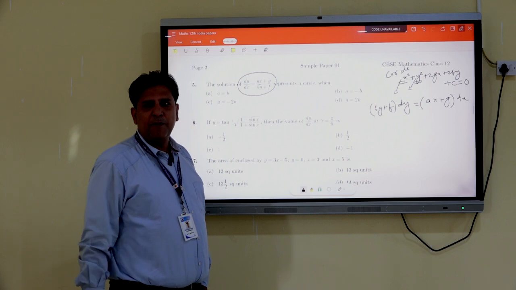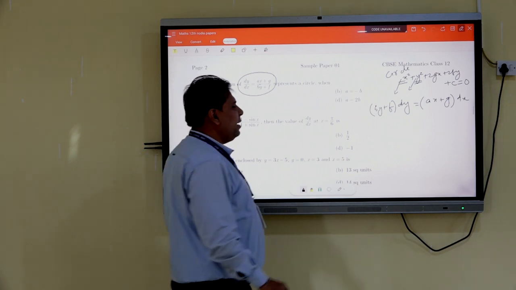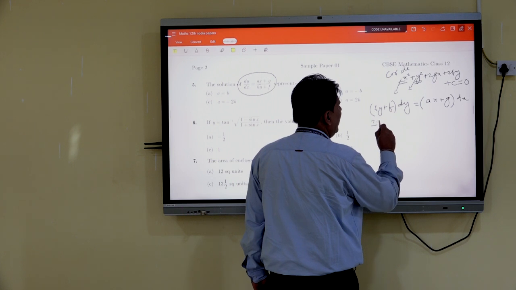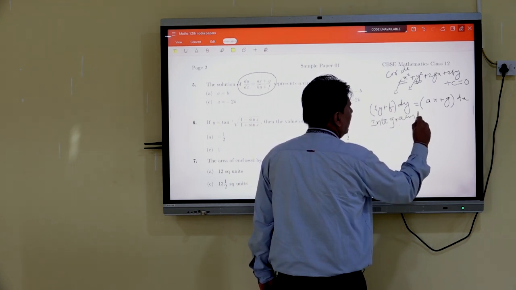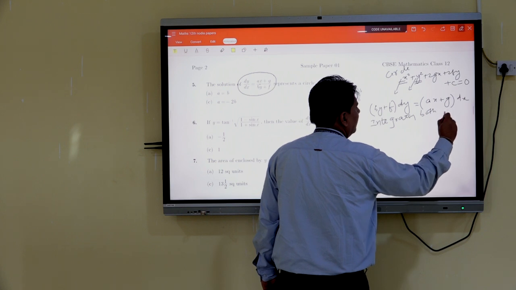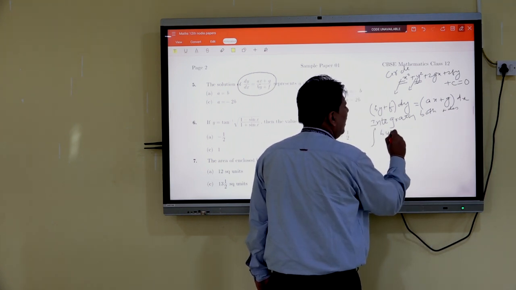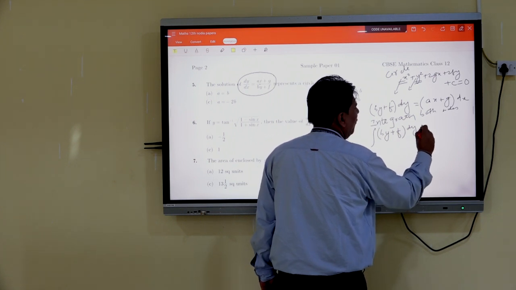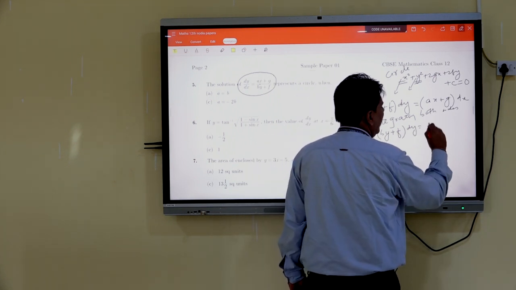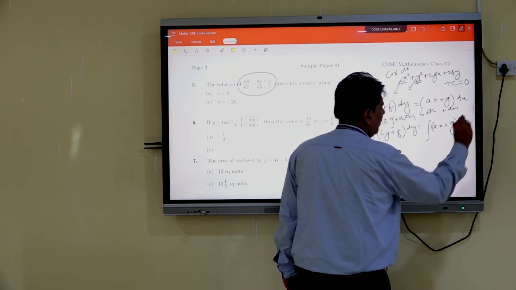After this, what is the next step? We have to go for integrating both sides. If we integrate both sides, integration of by plus f dy will be equal to integration of ax plus g dx, right?